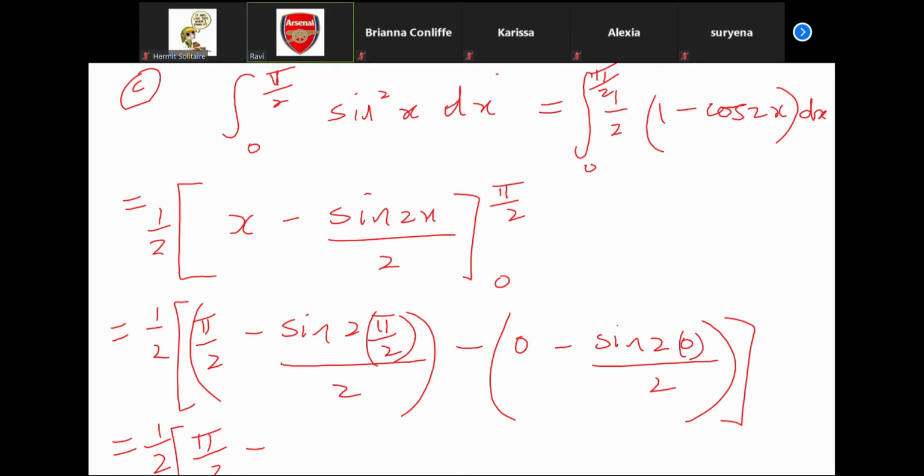So pi on 2 minus 0, minus sine of 0, which is 0. So what you're left with is pi on 4. The integral of sine squared from 0 to pi on 2 is actually pi on 4.